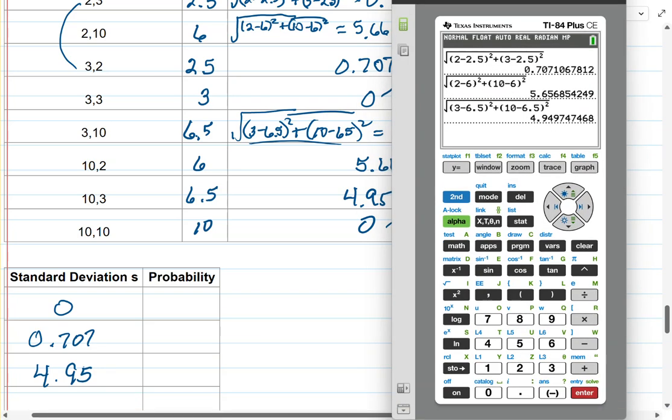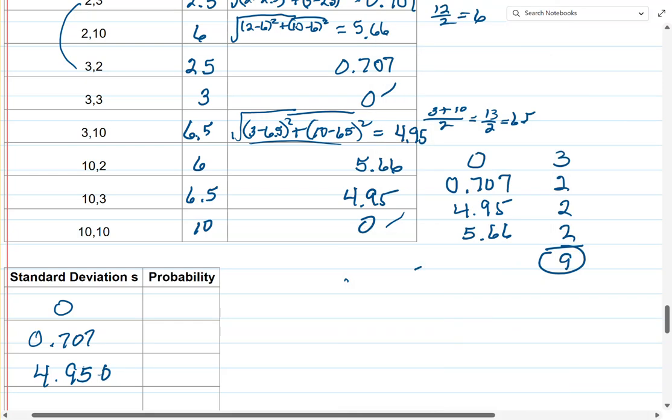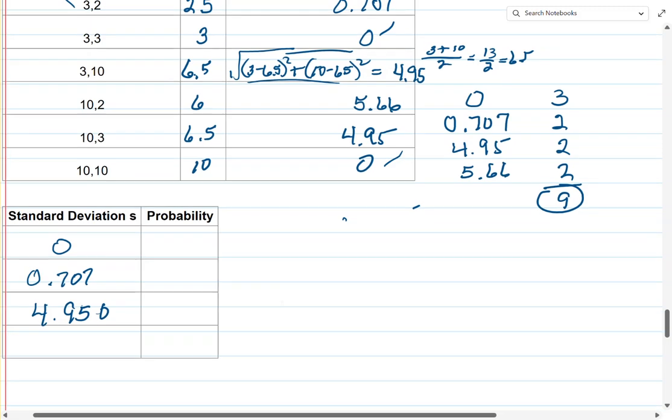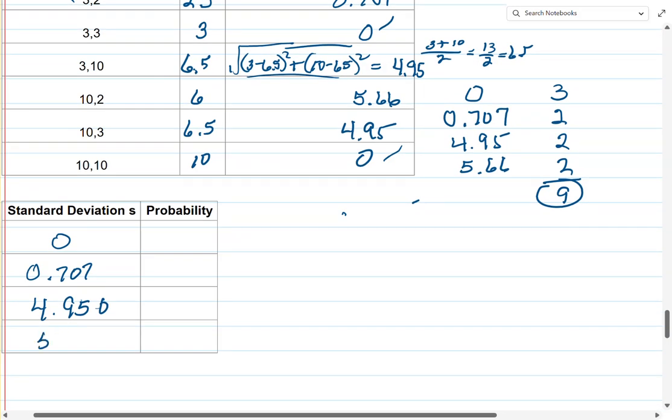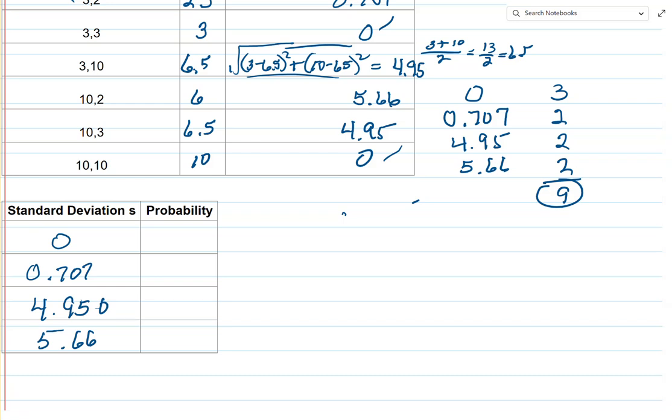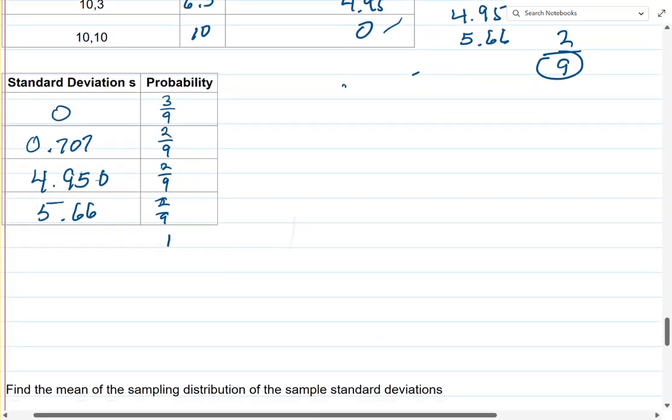No, it's the same because it's a 0. Okay. Excuse me. I'm sorry. And a 5.66. And that's what I'm going to leave it at. Okay. So this is going to be 3 out of 9, 2 out of 9, 2 out of 9, and 2 out of 9. That gives me a 1.